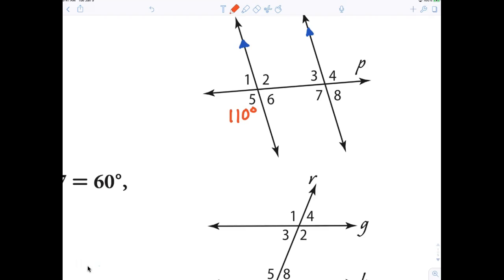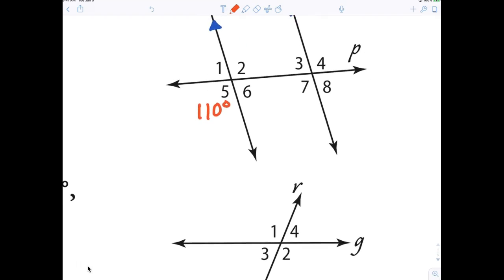So far, angle 5 is 110. All right, Coleman, I want you to tell me what other angle is 110. 2. Now, I didn't really tell you what those are called, but those are called vertical angles. So remember that? Vertical angles are the ones directly across.